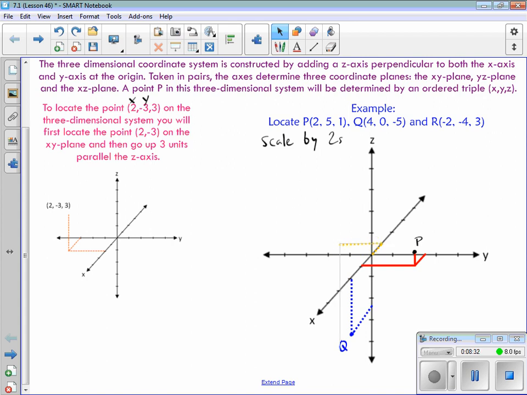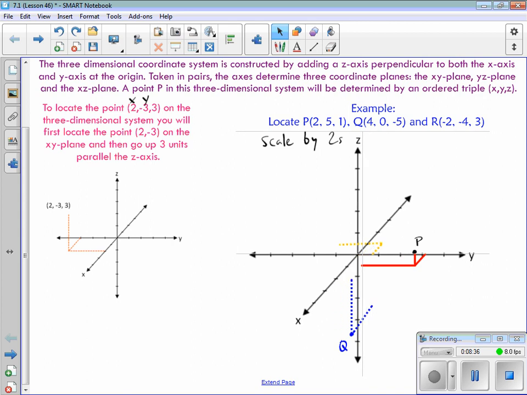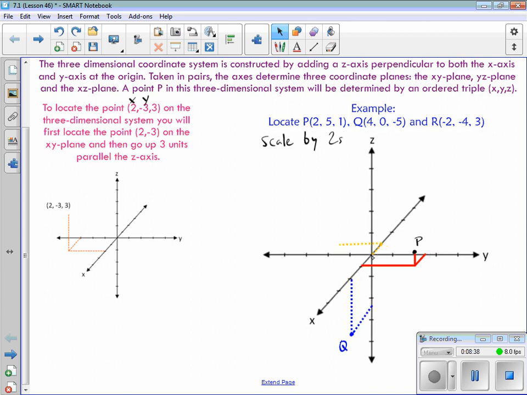And that's from here. And then I'm going up 3. So going up 3 would be like 1.5 of these. And then I connect that to where it was in the XY plane. Okay, so this would be the point R there.